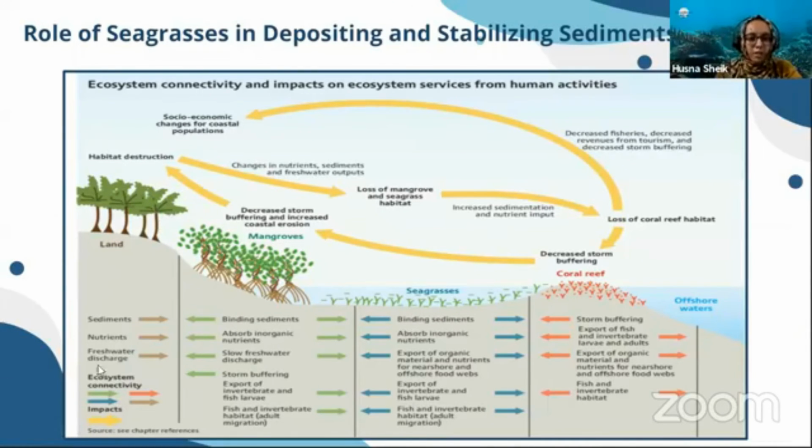Here you can see mangrove is related to seagrass, and then comes the coral reef. If we only talk about coral reef restoration and don't care about the seagrasses, there's no difference we can make regarding the coral reef restoration or anything.